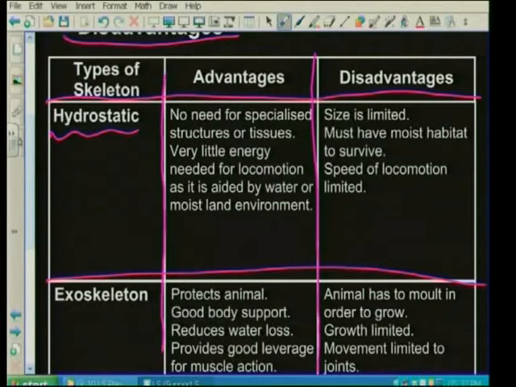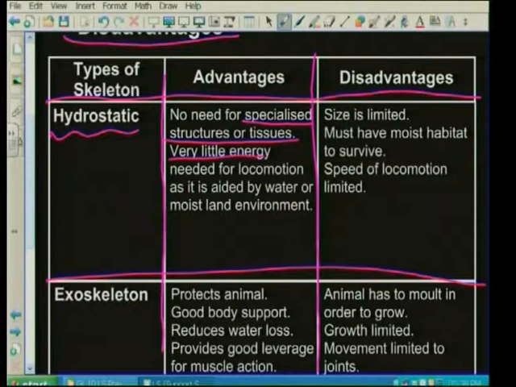But what are the advantages of a hydrostatic skeleton? First of all, there's no need for specialized structures or tissues. It's simply fluid inside the body. So there's no need for any type of tissue. They don't need to have any specialization to carry out this function. So it's a big advantage, because there's less work for the organisms to do.